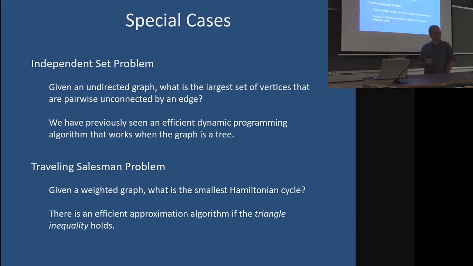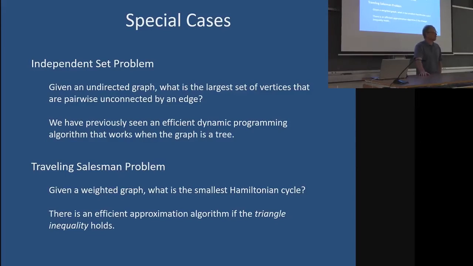which is considered unlikely, there is no approximation algorithm, no efficient algorithm that will find even an approximate solution to the traveling salesman problem? Any takers? I'm not looking for the algorithm itself. Okay? So let's go back to the definition of the traveling salesman problem.